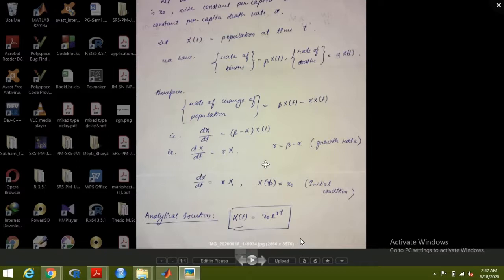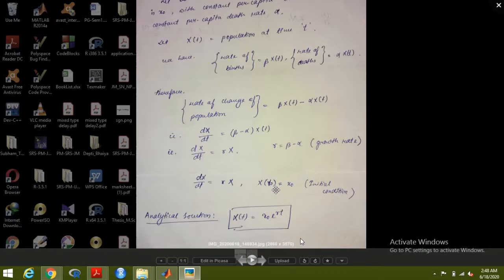This is the rate dx by dt, the differential equation, and you can see dx by dt equals rx, where r is the growth rate. x naught is the initial condition, that means the initial population. t naught will be given as a specific year, and x naught is the population at time t naught.